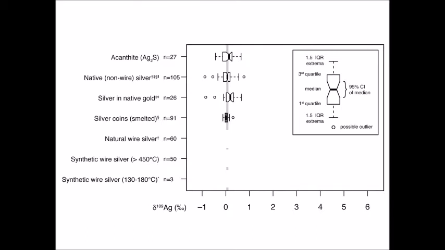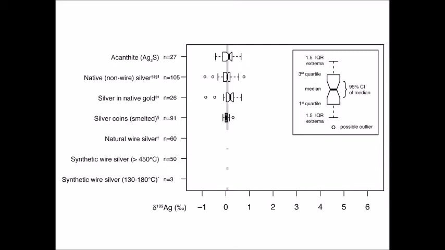Here we have a plot of the del value. Remember, if the sample and standard have the same 109 to 107 ratio, the del value will be at 0. If 109 is enriched, it will be positive. If 107 is enriched, it will be negative.